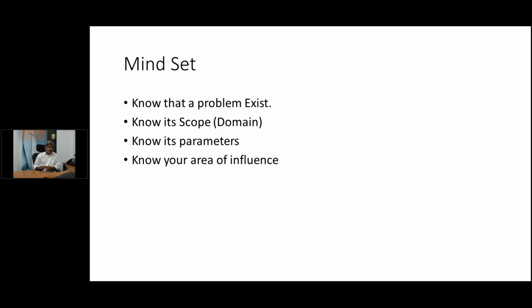The problem is always solvable, but the thing is whether you have the right, or the ability, or the resources available to solve this problem, right? Then we know the parameters of the problem, what actually are the part and parcel of the problem, what constitutes the problem. And then the last thing is to know your area of influence. That is very, very important.